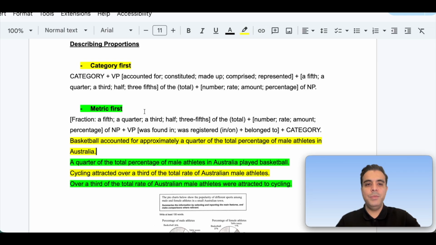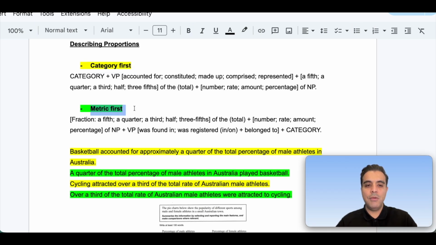Okay, so I hope these examples clearly show you how you can describe proportions in your data, something that is very common when it comes to bar charts, using two distinct sentence structures, namely the category first structure shown here in the color yellow and the metric first structure, which is shown here in the color green.